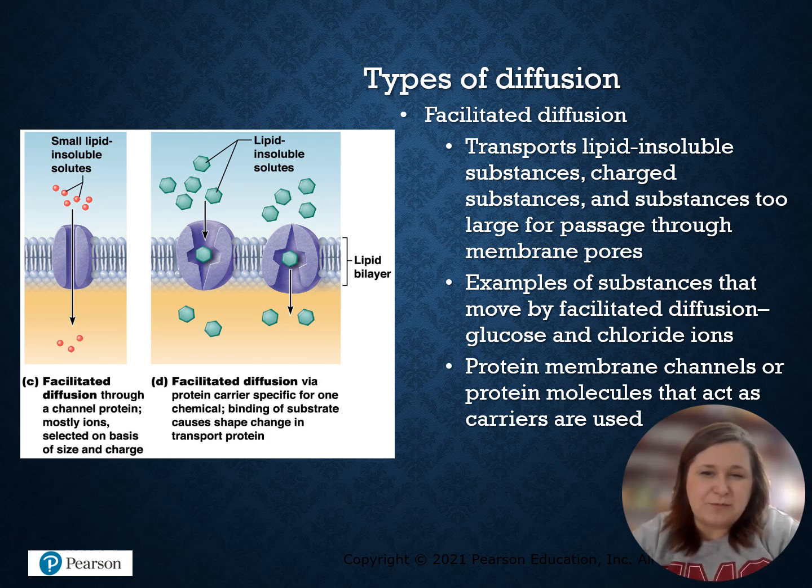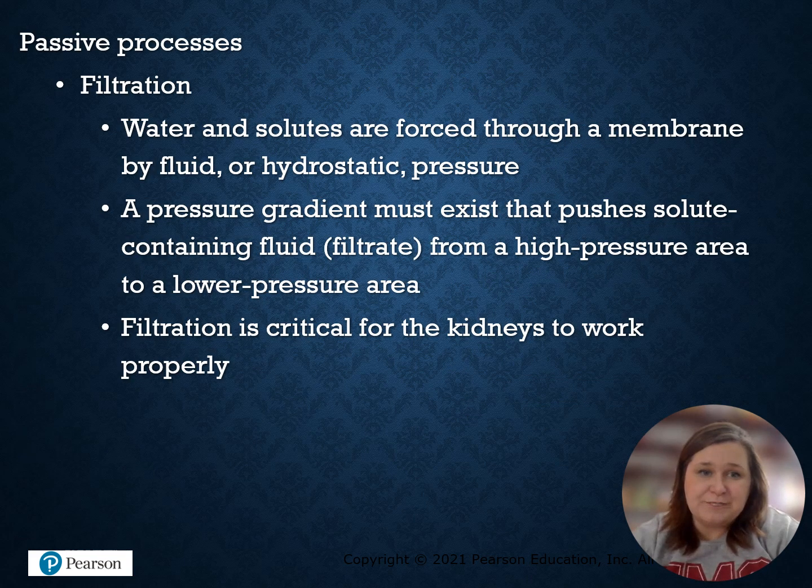Examples of substances that move by facilitated diffusion are going to be things like glucose and chloride ions. So oftentimes those protein membrane channels that we talked about earlier, or protein molecules, are going to act as the carriers in these situations.